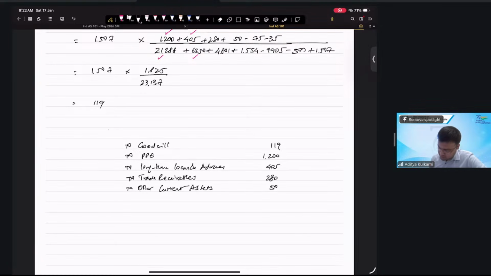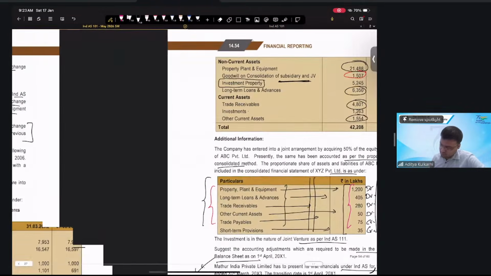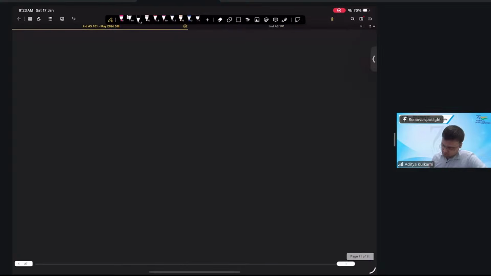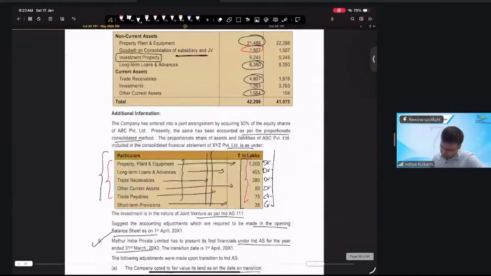Trade payables, we will have to debit because it is normally a credit, 75.